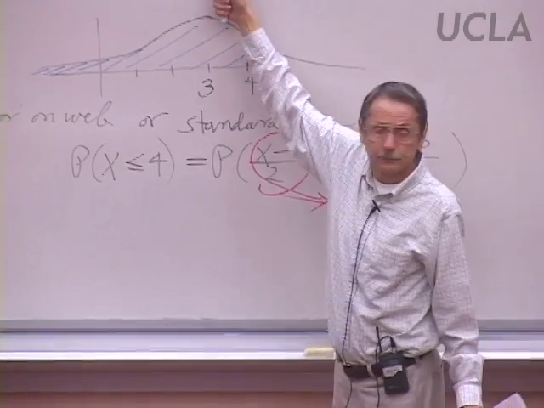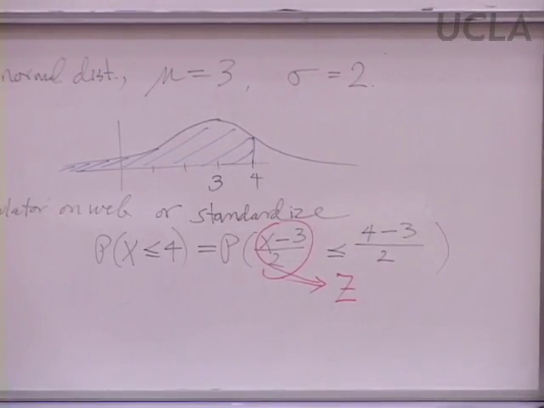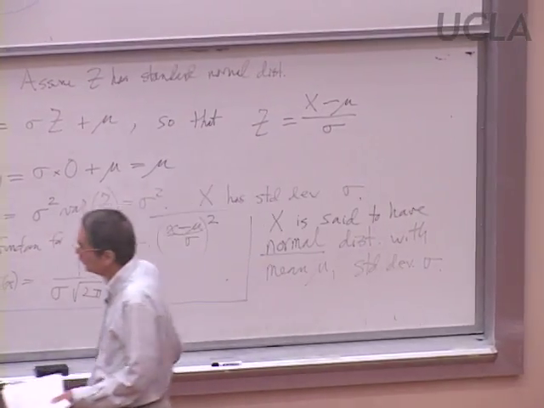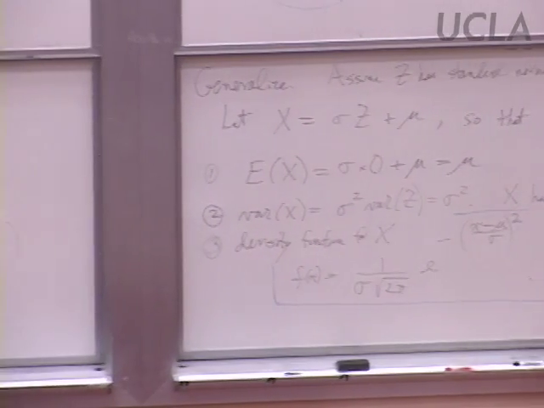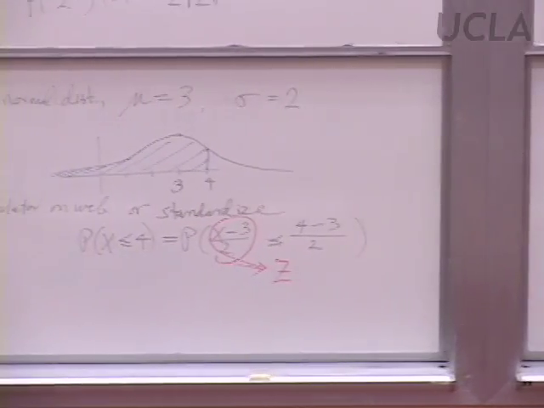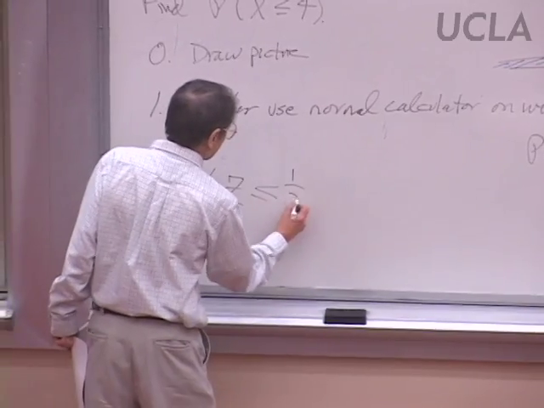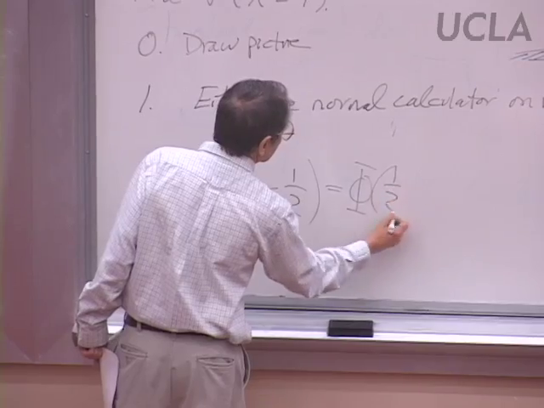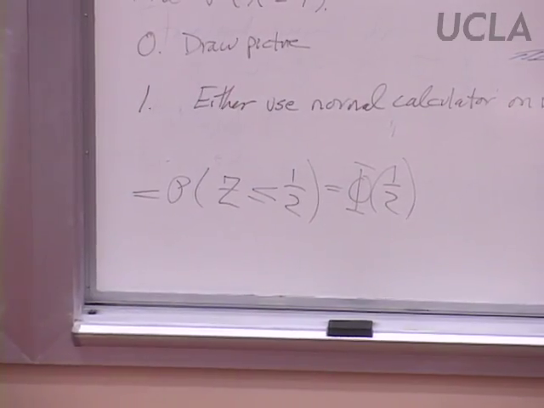Because if x is normal, then (x minus mu) over sigma will be z. So we want the probability that z is less than or equal to 1/2. In other words, what we're after is nothing but Φ(1/2).